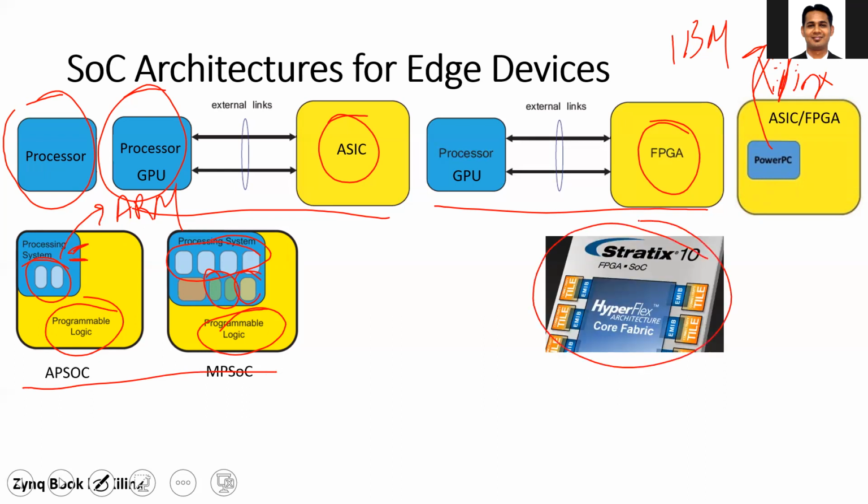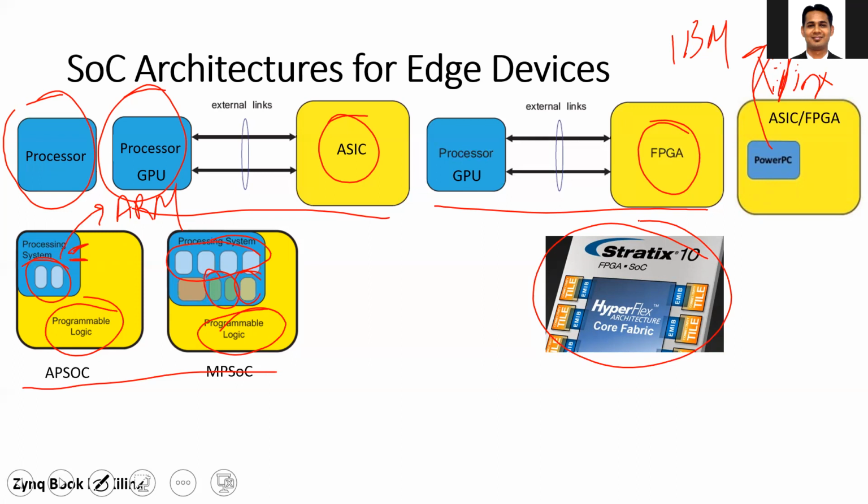Just to give you the background, in terms of FPGAs there were two companies: one was Xilinx and the second was Altera. Altera was taken over a few years back by Intel, which is the processor company, and they are trying to integrate the FPGA with the processor.